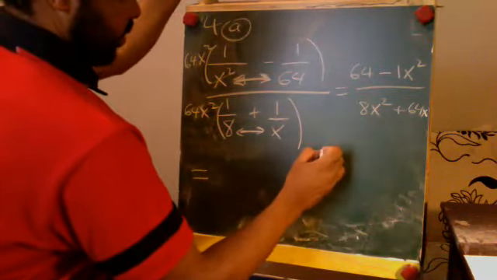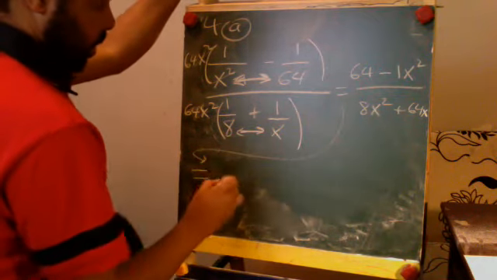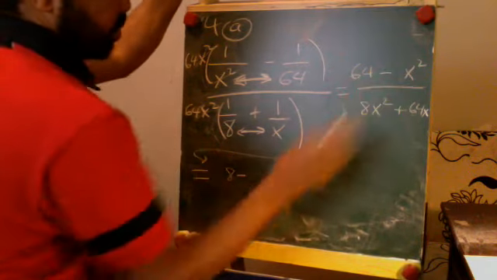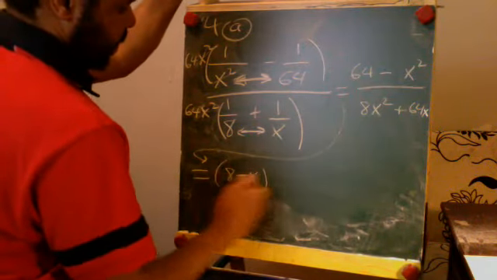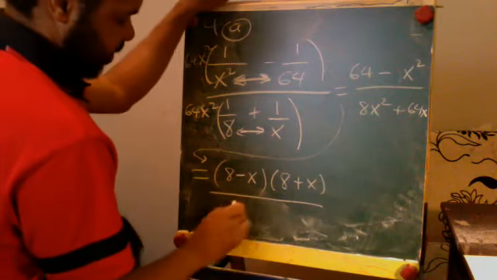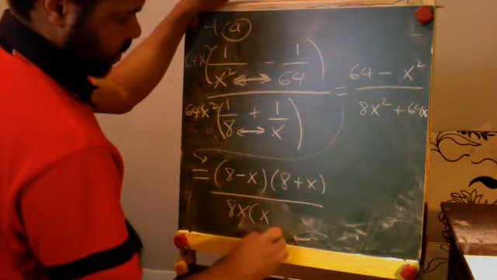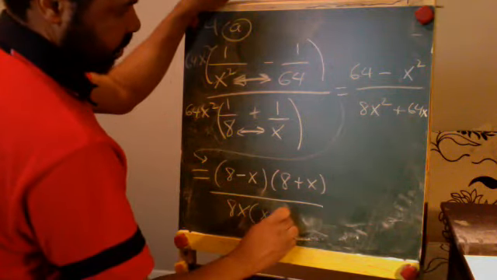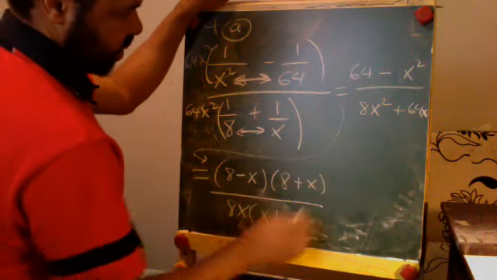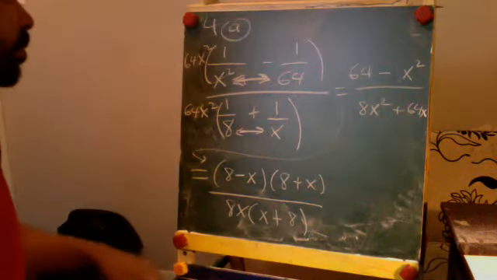And so what I'm going to have now is 8 minus x times 8 plus x over, I can factor out an 8x. And I'm just going to have x plus 8.